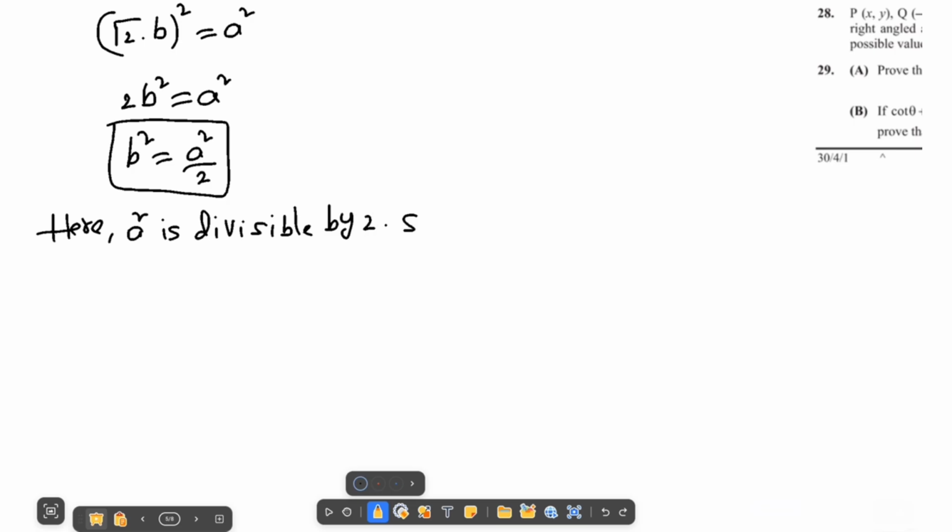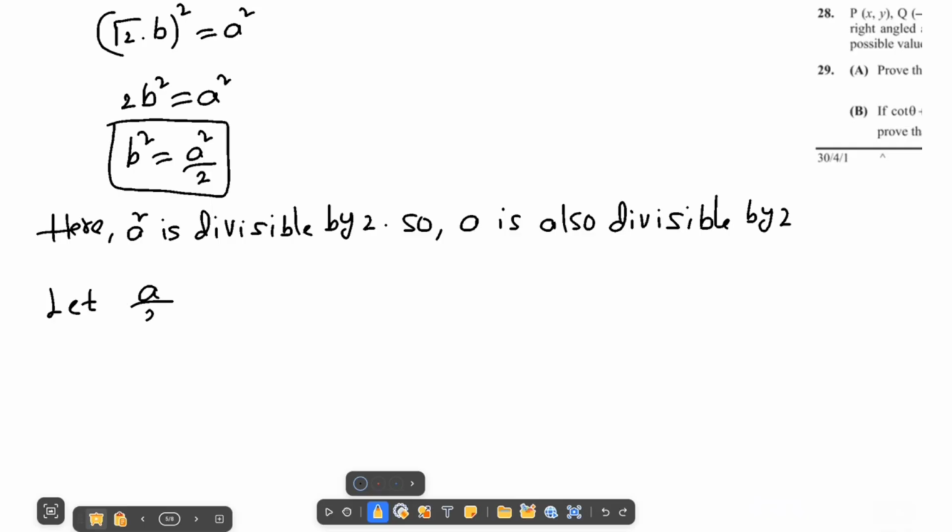So when a square is divisible by 2, a is also divisible by 2. So when a is divisible by 2, when a is divided by 2, the quotient is c, where c is some positive integer.